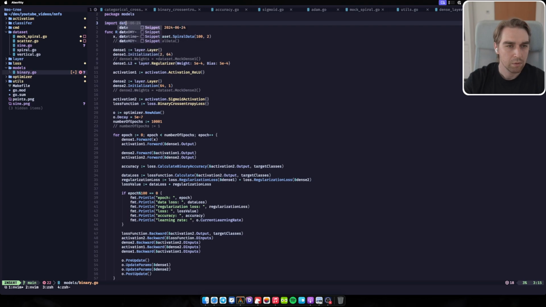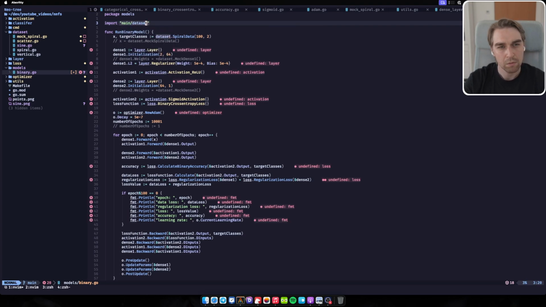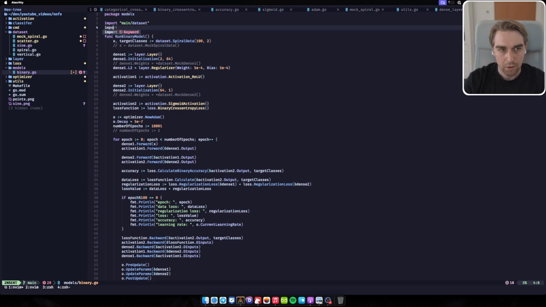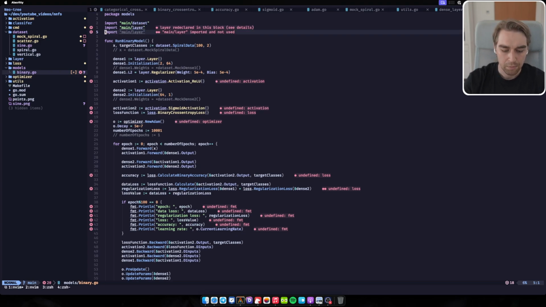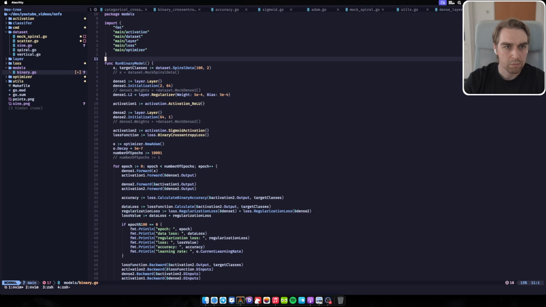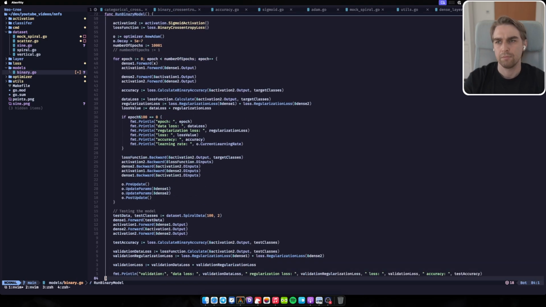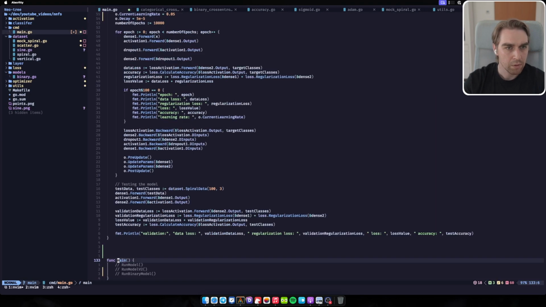Imports main data sets. Import main layer. By the way, maybe I can, yes. Okay, we have the binary.